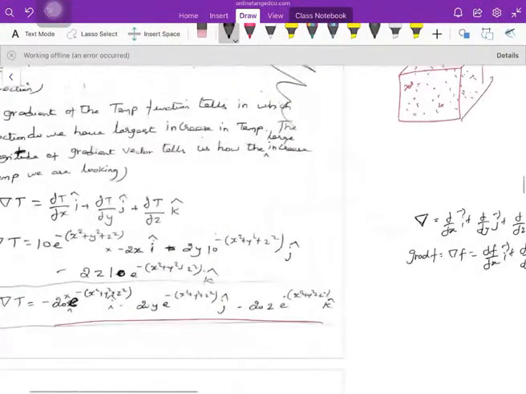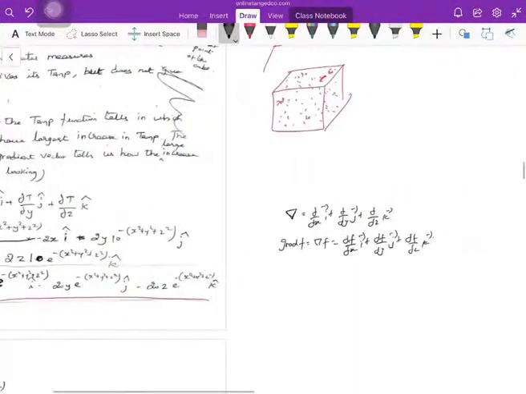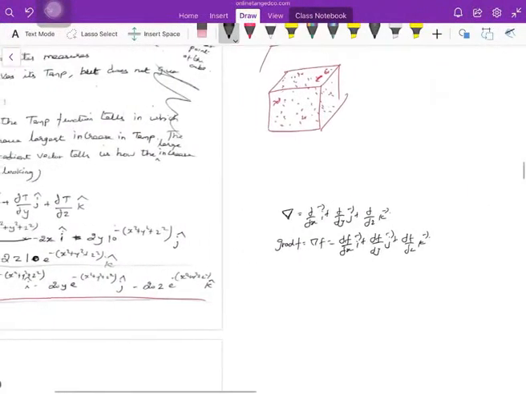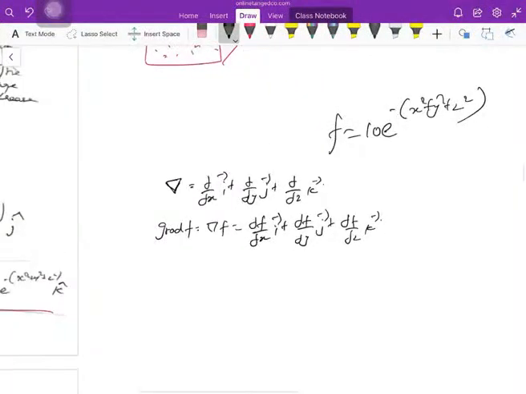So let us take the same function that we have used. f is equal to 10 e power minus (x squared plus y squared plus z squared), that is the temperature function. So what is the gradient vector? The gradient vector is nothing but del f.